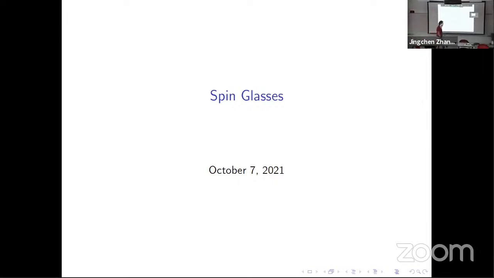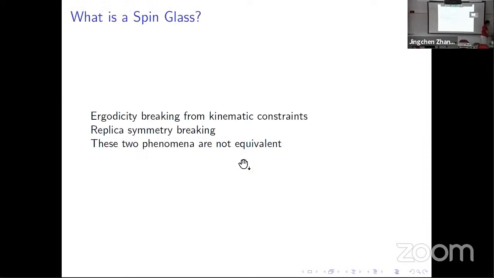Okay. Let's talk about spin glass. So spin glasses, there's two things that are really important about them, and these two phenomena are totally different. You can have one and not the other, but they both get lumped under the same name, and there is a connection between them, which we might get to. So first then is ergodicity breaking from kinematic constraints.